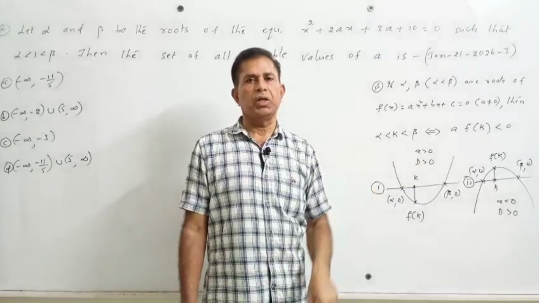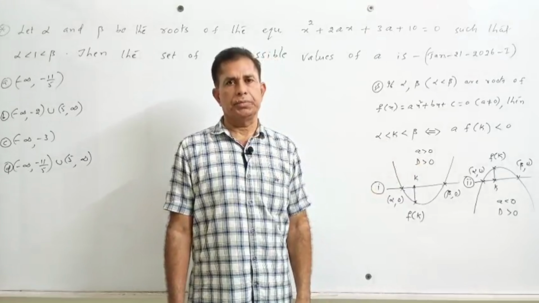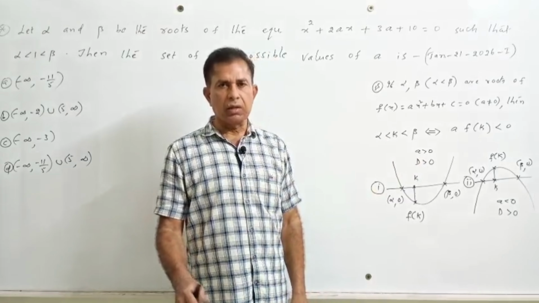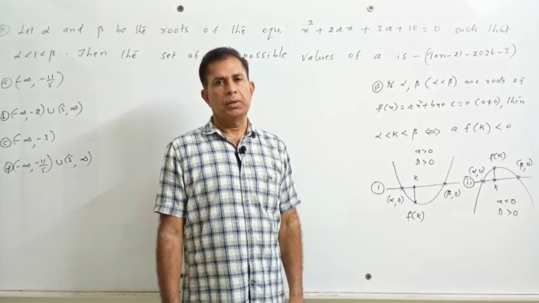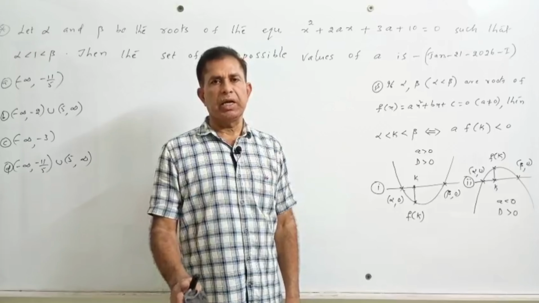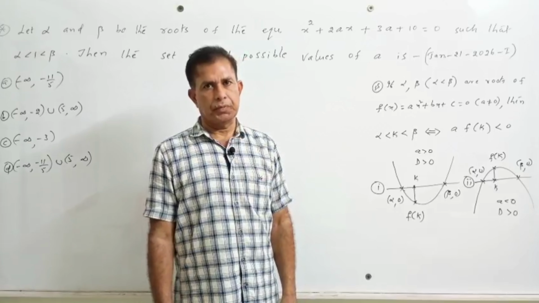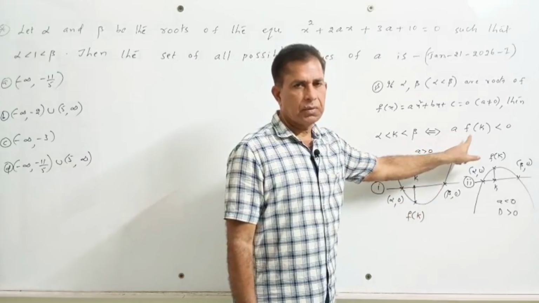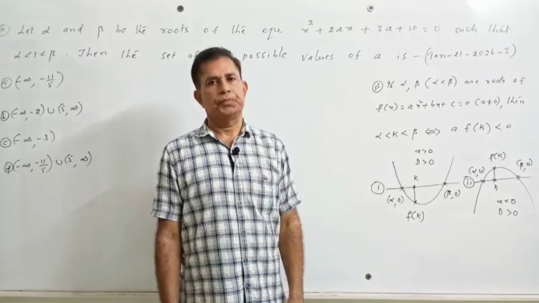That means alpha is negative, beta is positive. So the condition for one root negative and the other root positive can be obtained just by writing k equal to 0. So the condition will become a into f of 0 less than 0.